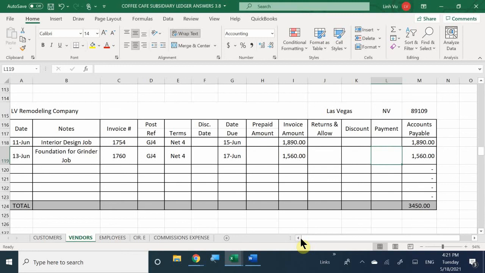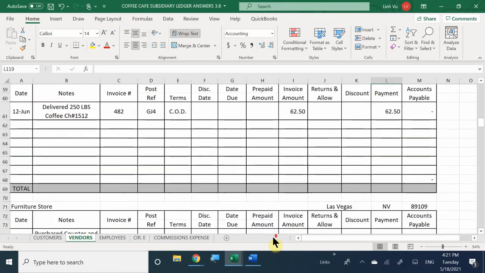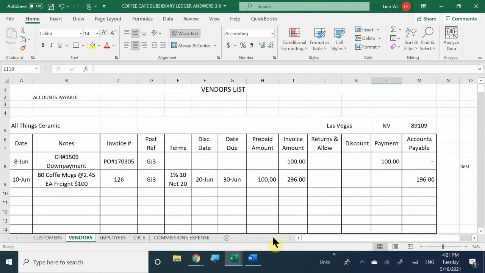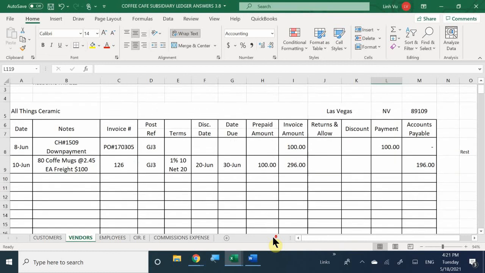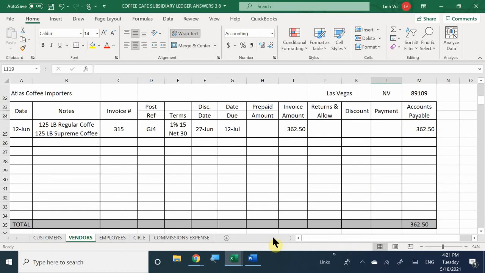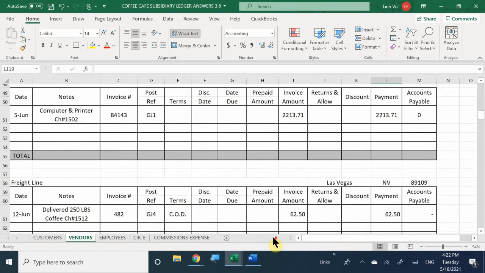So let's take a brief scroll down our subsidiary ledger just to see what other bills are going to be due soon. Here we have the 20th and the 30th. So that's week 3. The 27th in July, so we don't have to worry about that one.